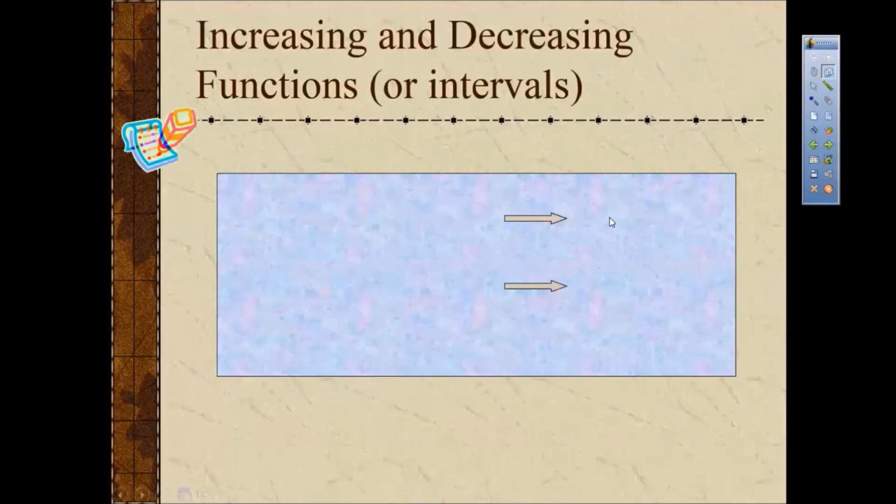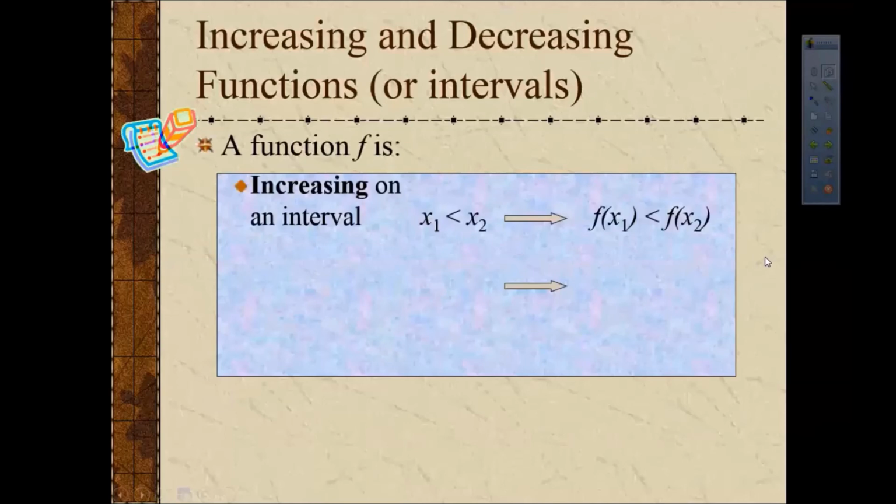Well, let's move on here to a few basic definitions that are mentioned in Chapter 5, Section 3: the definition of increasing and the definition of decreasing, as well as one more definition. A function is increasing on an interval if, when x1 is less than x2, f of x1 is less than f of x2.